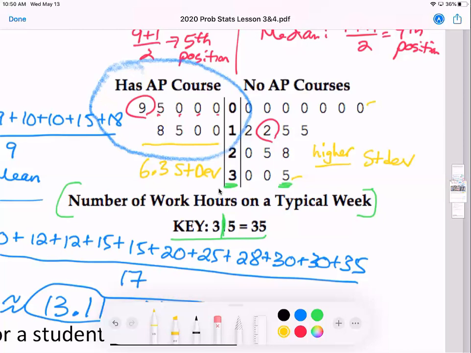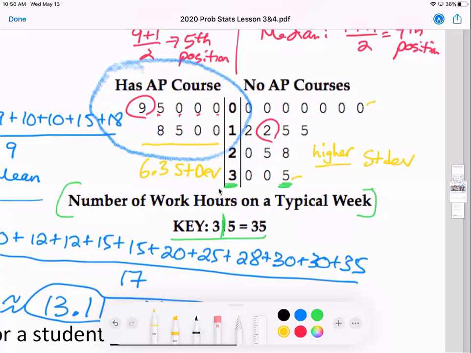The last thing to talk about with standard deviation is I'd like to see if you can guess which of these 3 dot plots, which do you think has the highest standard deviation and which one do you think has the lowest standard deviation? So why don't you pause this video and see if you can make a decision about that. So the standard deviation is the distance from the center, from the mean.